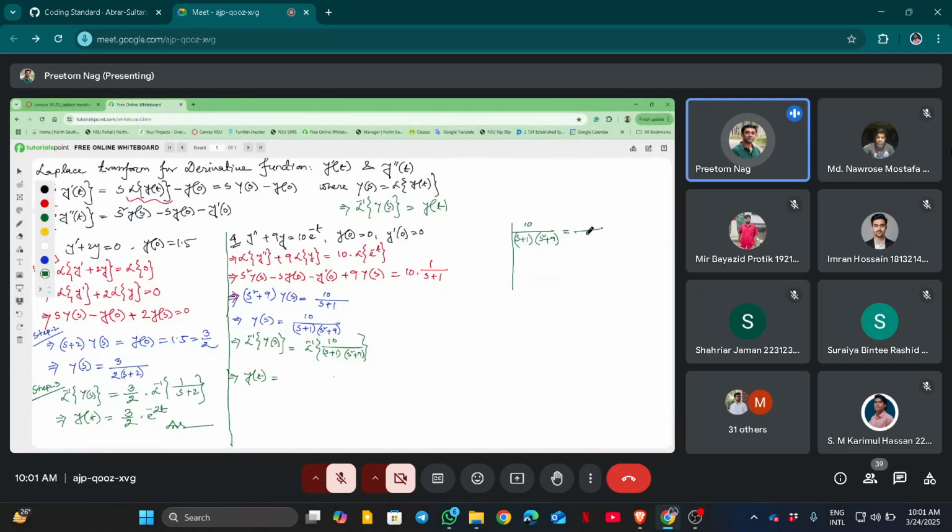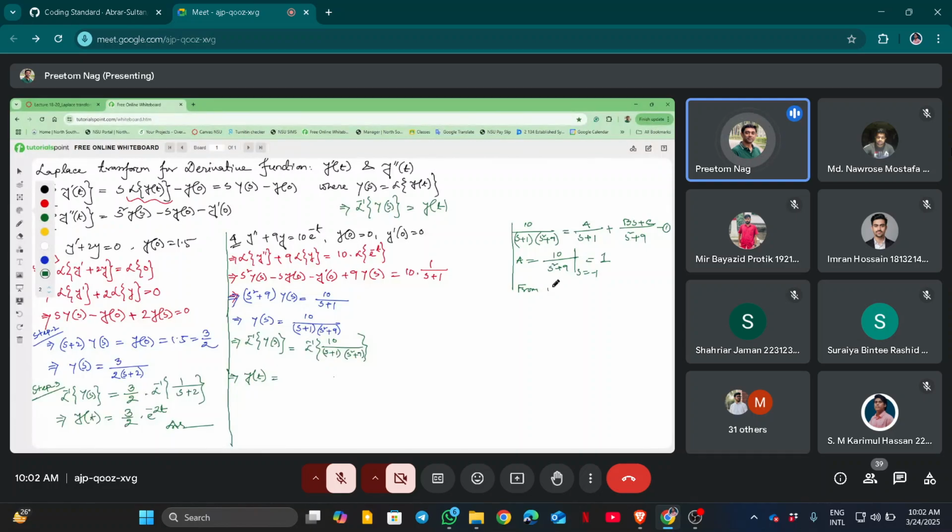Since s plus 1 and s squared plus 9 are the factors, we can write A by s plus 1 plus, this being a quadratic term, Bs plus C. A can be obtained very easily: multiply by s plus 1, giving 10 by s squared plus 9, where s is replaced by minus 1. So the result is 1. Now to calculate B and C, let's call this equation number 1.